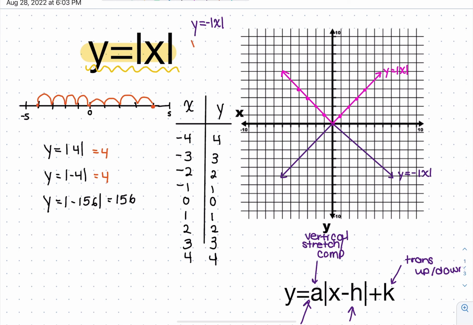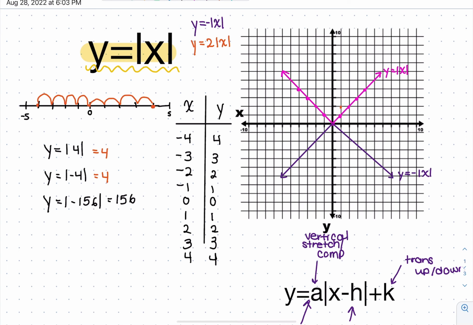Okay, now let's do y equals 2 absolute value of x. So this is that stretch of 2. You can kind of see it's a pattern or a slope of 1, going over 1, up 1 each time. When we have a stretch of 2, it's going to keep going over 1, but it's going to go up 2 instead, because we're stretching each one by 2, and you'll get the same idea if you do a table of values.